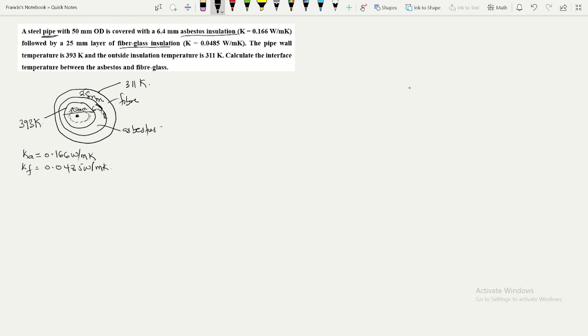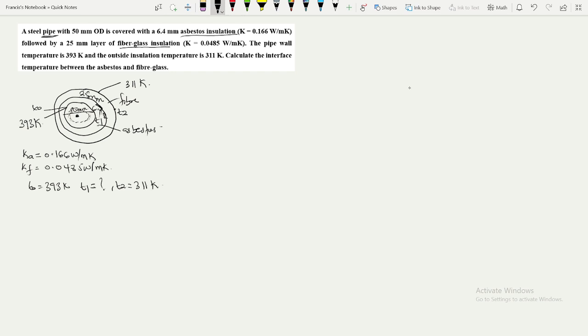So this is the interface because this is our fiber and this is asbestos. Let's call this T1, and our T2 here will just be 311. If we call this T0, we have T0 to be 393 Kelvin. T1 is what we don't know, and T2 is the outside, which is 311 Kelvin.